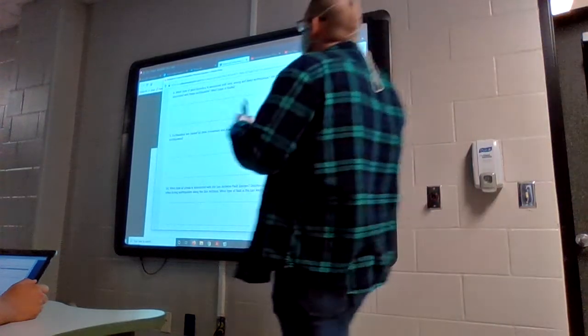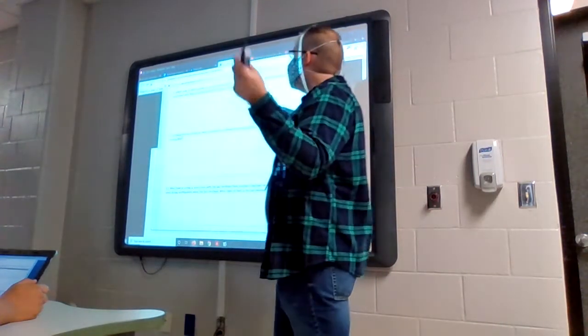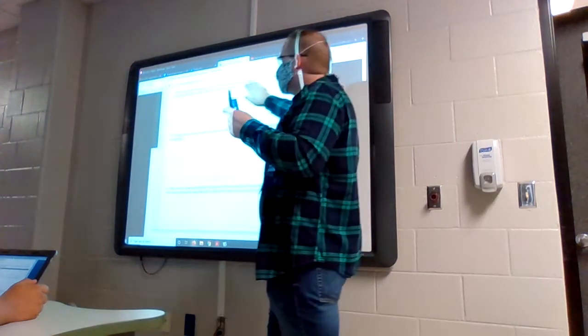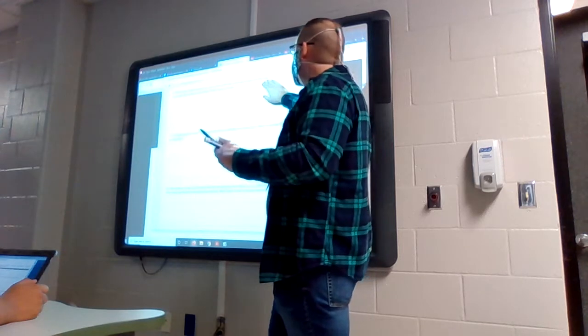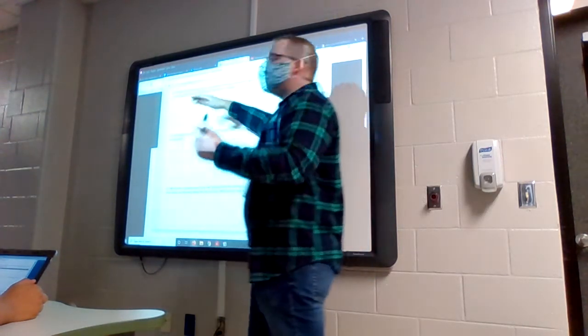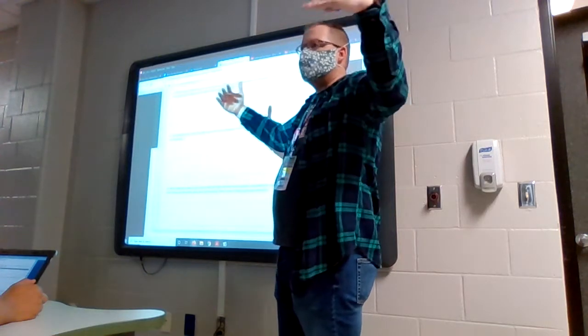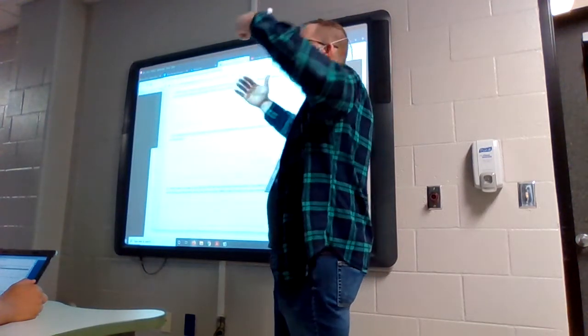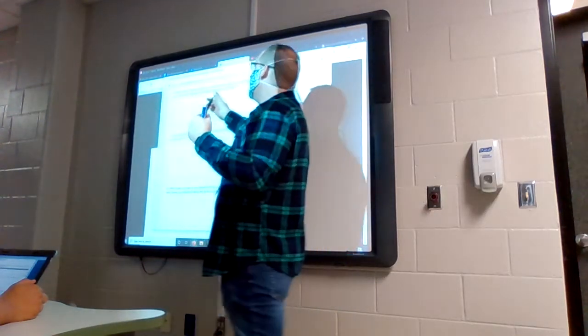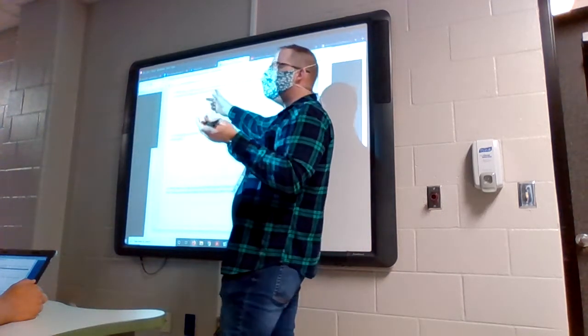So which type of plate boundary is associated with very strong and deep earthquakes? Convergent plate boundaries. What type of stress is associated with these earthquakes? Compressional stress, because it's coming together, they're converging, they're going to be squeezing those rocks. And then what types of faults are these?